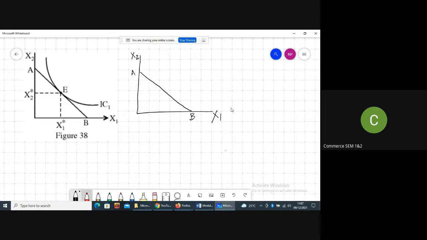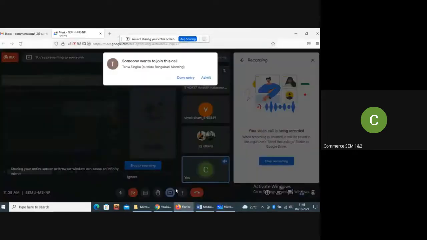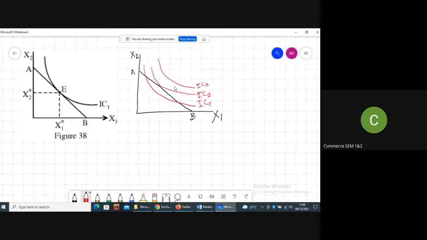And if we have indifference curves like this is IC1, and say this is IC2, and say this is IC3. So where will the consumer consume? The purpose of this analysis is how much amount of X1 and X2 a consumer will consume in equilibrium.